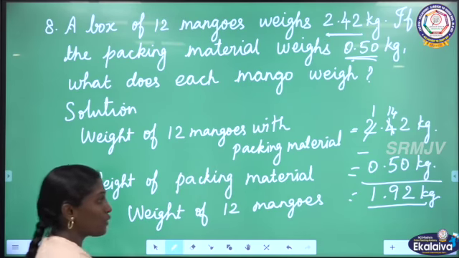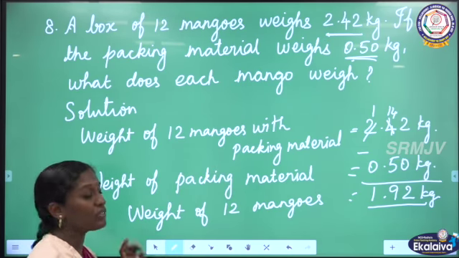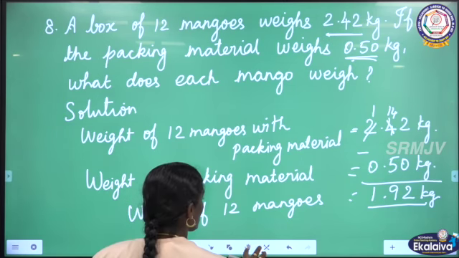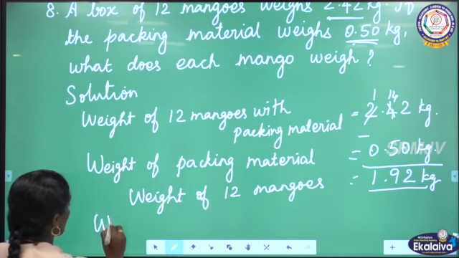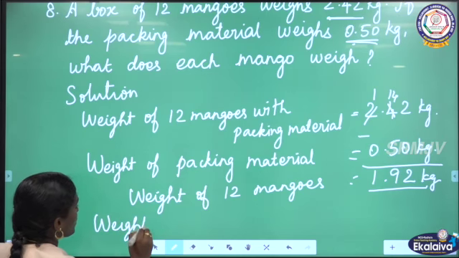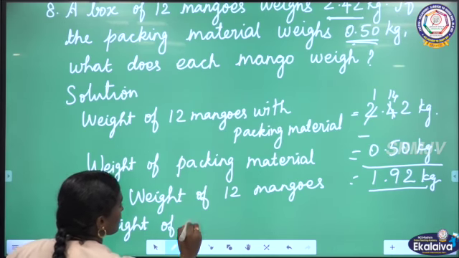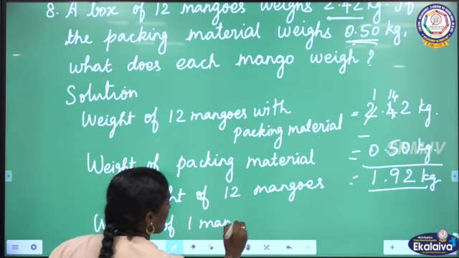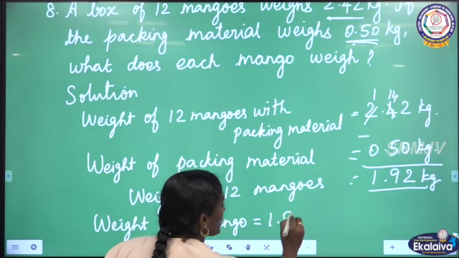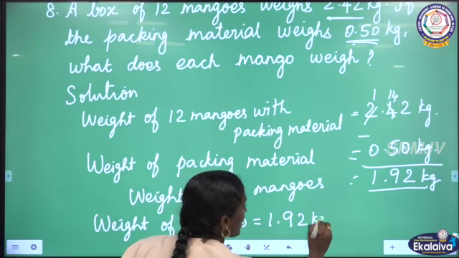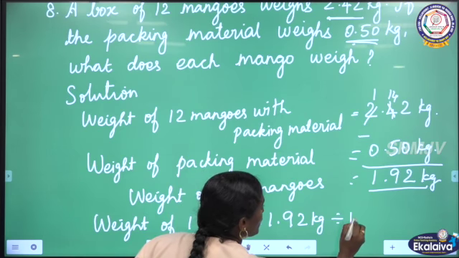From this weight of 12 mangoes, we are going to find out the weight of 1 mango. For that, we have to use division. So, weight of 1 mango is equal to weight of 12 mangoes, that is 1.92 kilogram divided by 12.